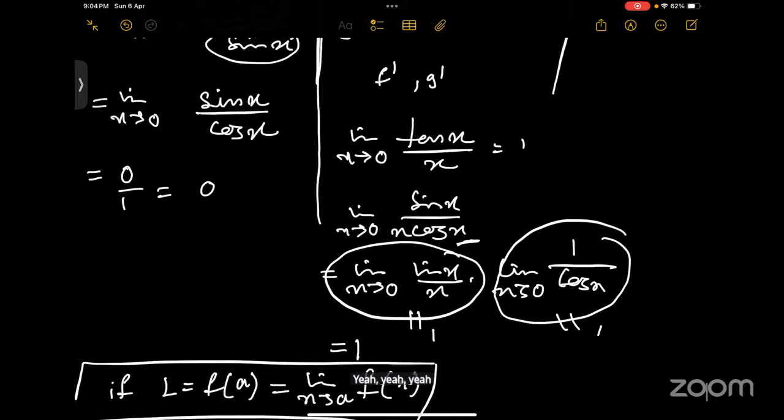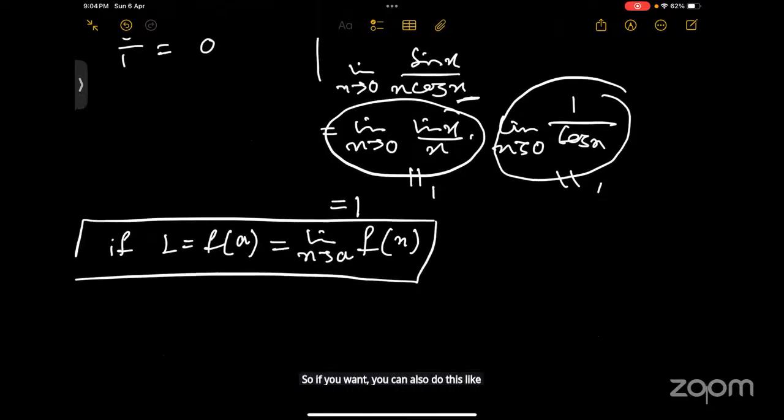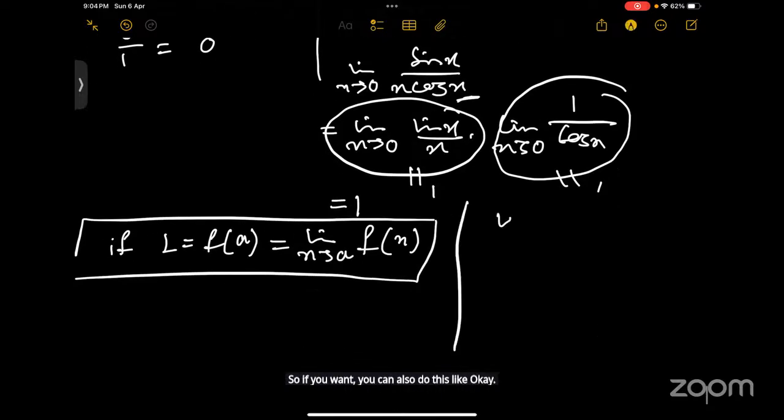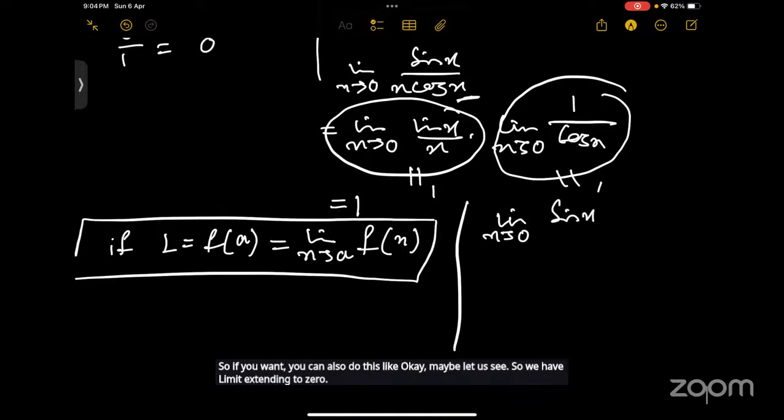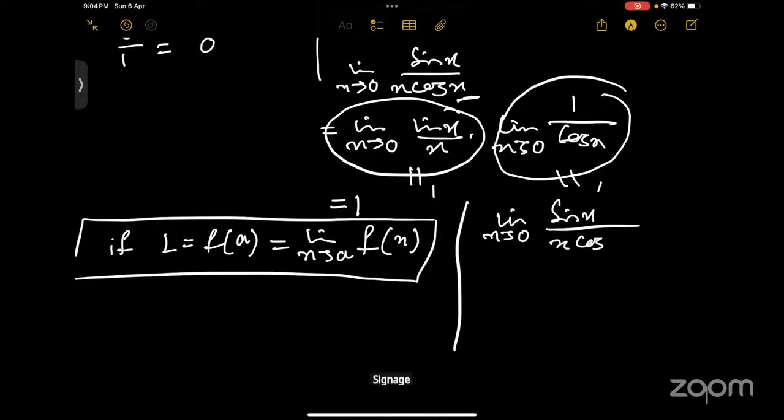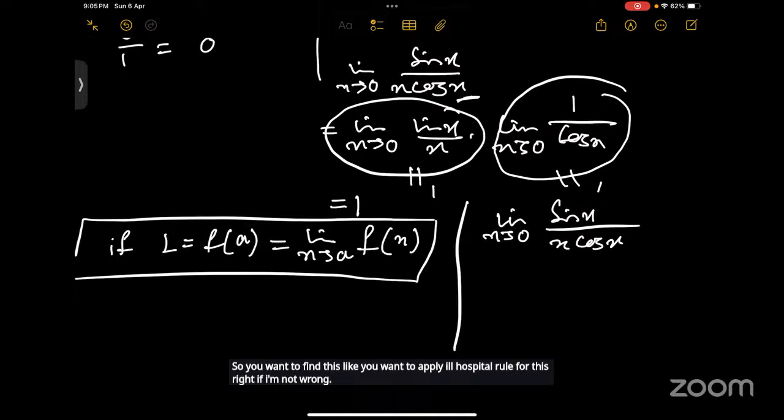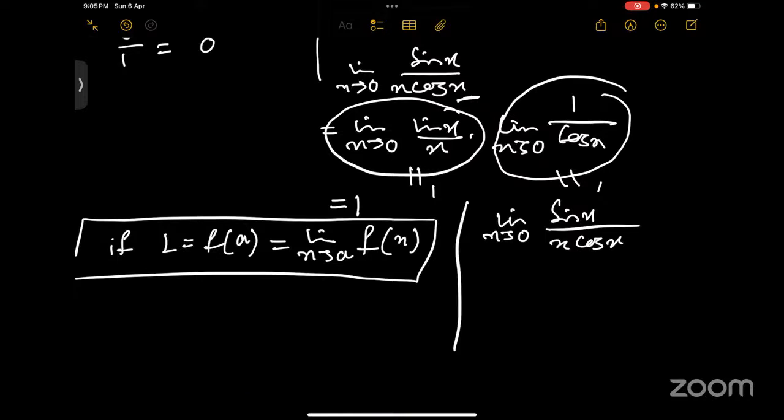This is also in 0 by 0 form. So if you want, you can also do this. Let us see. We have the limit as x tends to 0 of sin x over x cos x. So you want to apply L'Hopital's rule for this, right? Yes, ma'am.